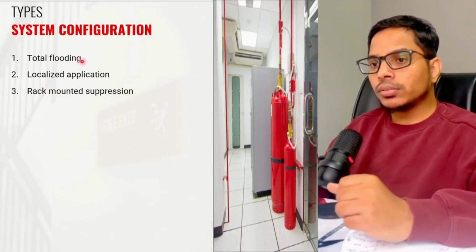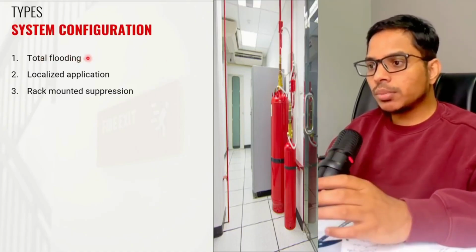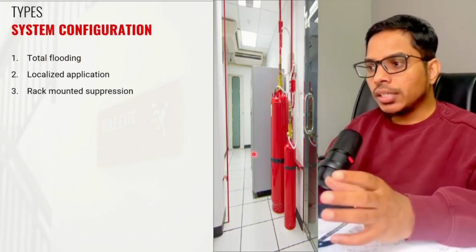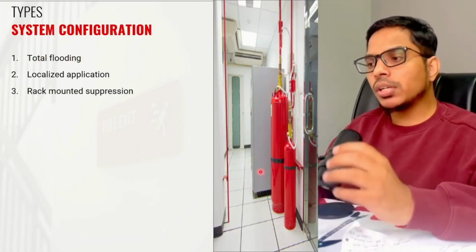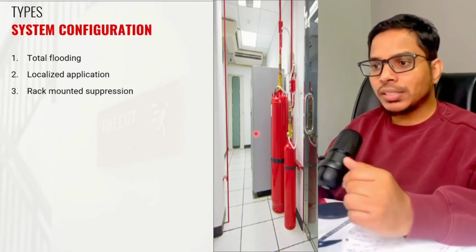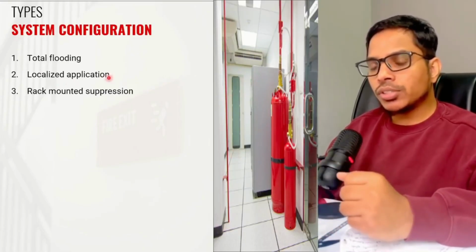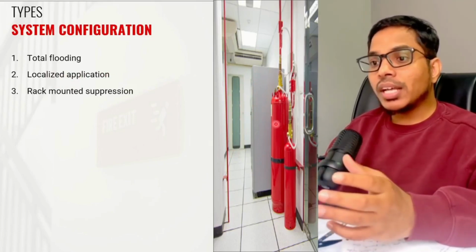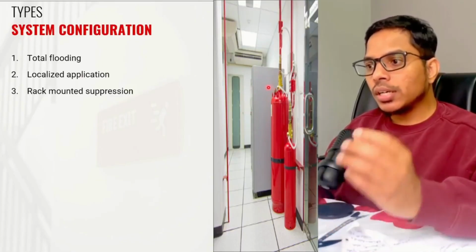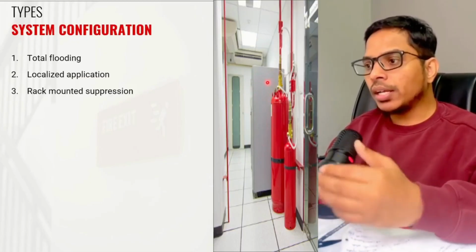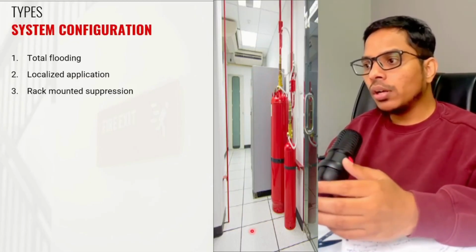If you look at the total flooding system, it means these clean agent systems fill the entire protected room with the agent. It's best for enclosed spaces like server rooms or telecommunication rooms, etc. Localized or local application systems are used when the agent needs to be discharged directly onto particular equipment or directly onto the fire area without filling the whole room.